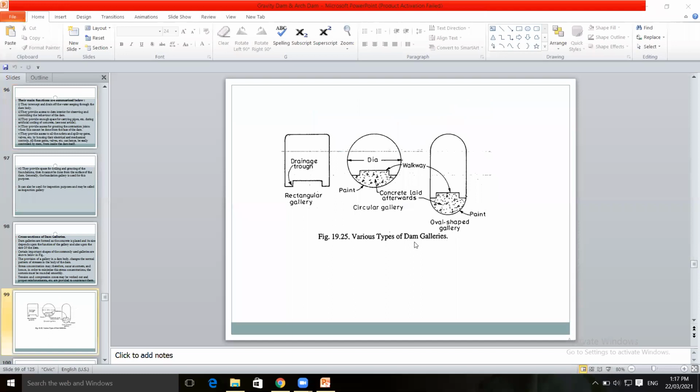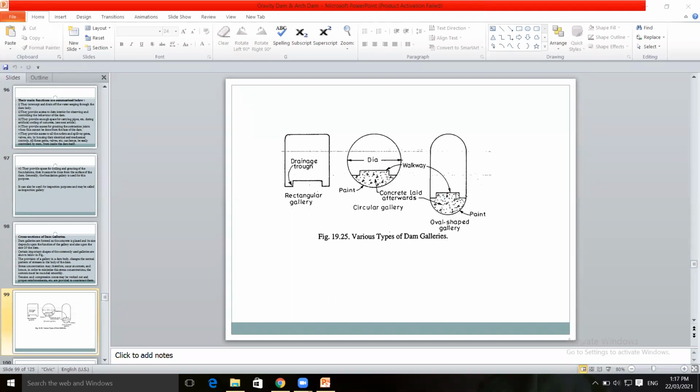These are the various types of dam galleries. This is a rectangular gallery, which is provided in the gravity dam, with a drainage trough. This is a circular gallery, having a center diameter. A walkway is provided. And this is an oval-shaped gallery.